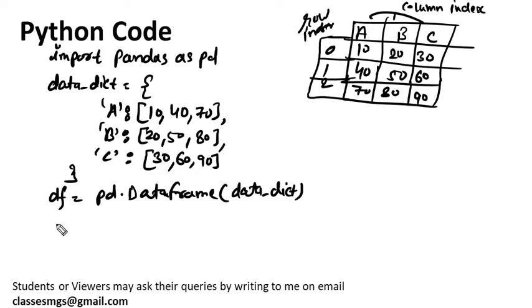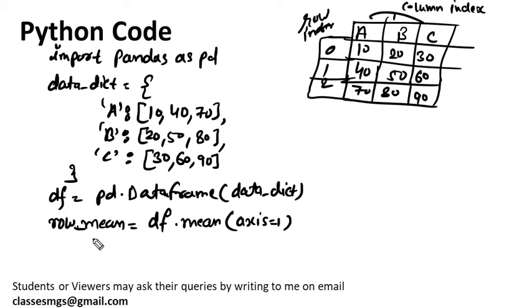Now what we can do, we can calculate the row mean using df dot mean function, and you need to pass axis equals to 1 if you want to calculate the row mean. And if you want to solve another part of this problem, you can solve it column wise.